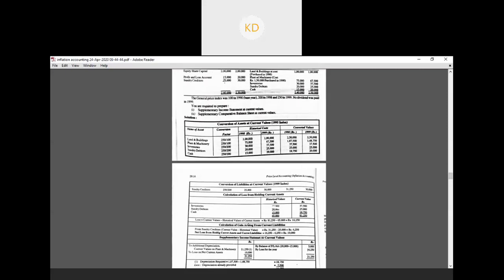Unlike my historical cost balance sheet, where I had a profit of 15,000 and 20,000, in my comparative balance sheet which I am doing, I don't have that profit anymore. I have a loss due to the revaluation.